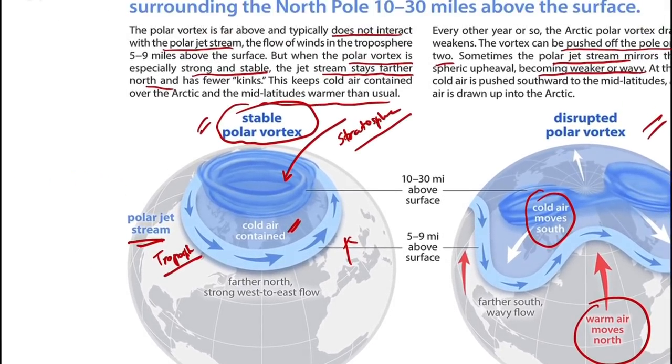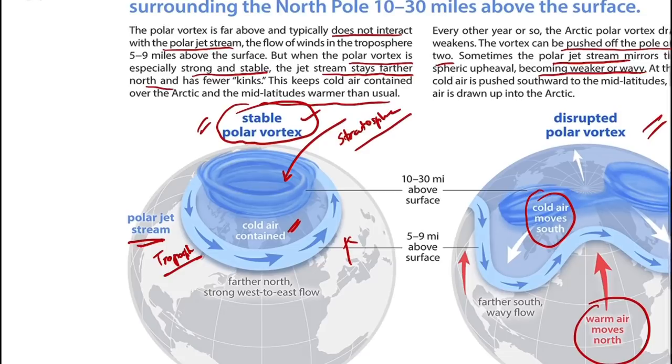So what happens in the first case? Whenever the low pressure system, that is the polar vortex, is strong, stable or healthy, it keeps the jet stream traveling around the earth in a circular path. We know that jet streams are strong wind bands, and these strong wind bands play a crucial role in keeping the cold air confined to the Arctic region, that is the north, and also warmer air to the south.